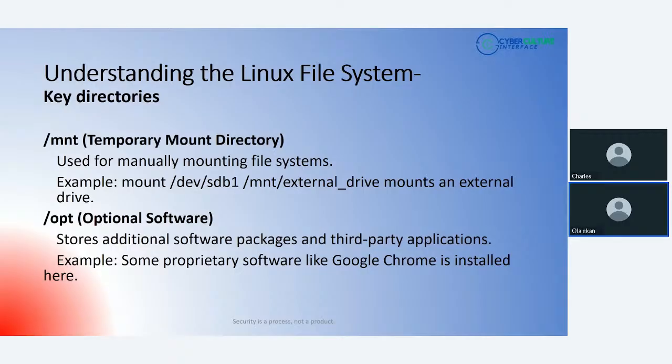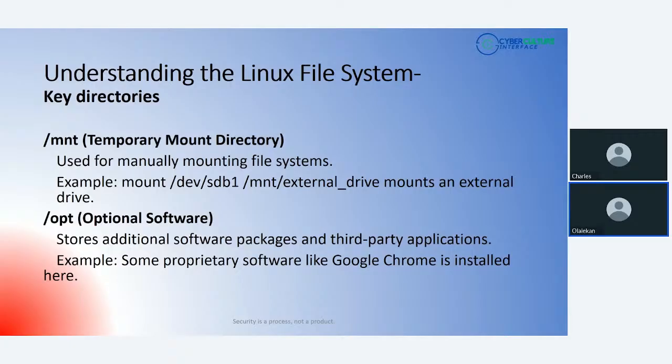Then we have the opt. Opt is another very important directory, for optional software. When you run an app, this is where it stores software packages, additional software packages and third-party applications. When you install a tool or a system, there are some files and applications that come bundled with it.